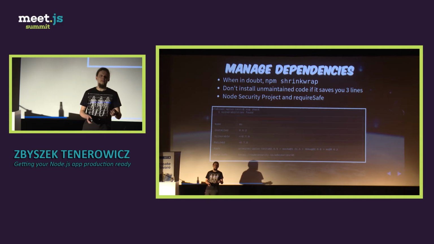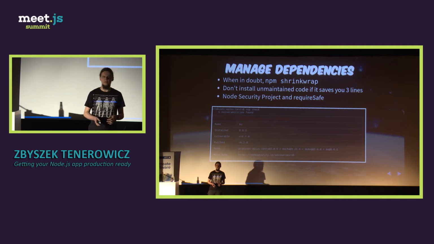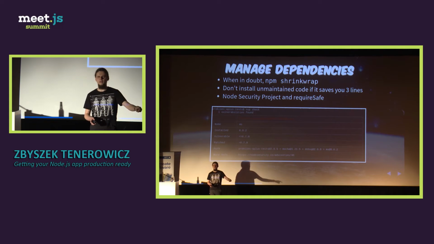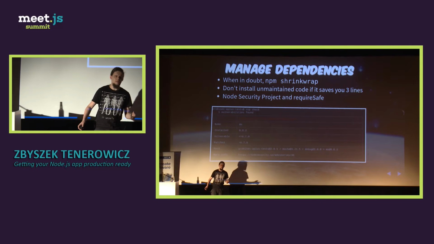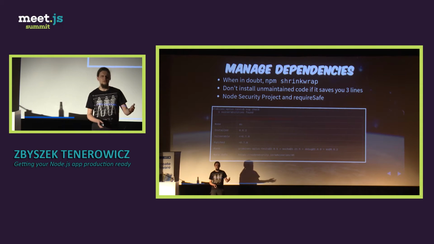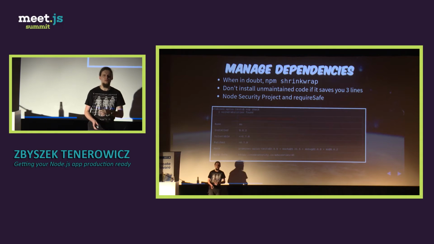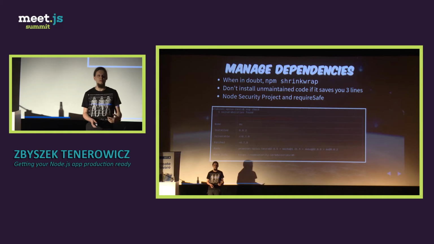So whenever you're writing something and you see this cool little thing you could download from NPM and use, instead of writing 3 lines, what's the point? You are still responsible for the code and you didn't even read it. So instead of doing that, consider if this module you're trying to use is even maintained. If it's not maintained, it's better to write a whole module yourself. And this is from practice. This is something that actually bit me before.